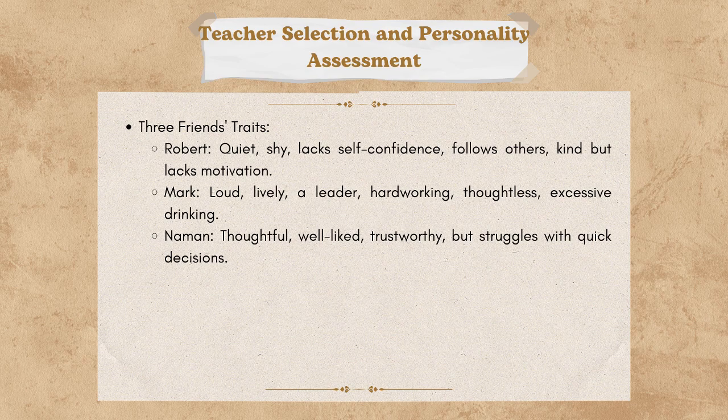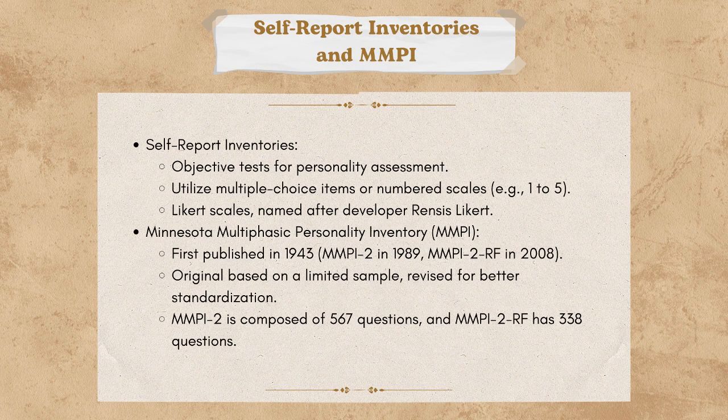Personality measurement methods are divided into various categories based on the sort of information gathered and the methods employed to collect it. Self-report inventories. Self-report inventories are a kind of objective test used to assess personality.